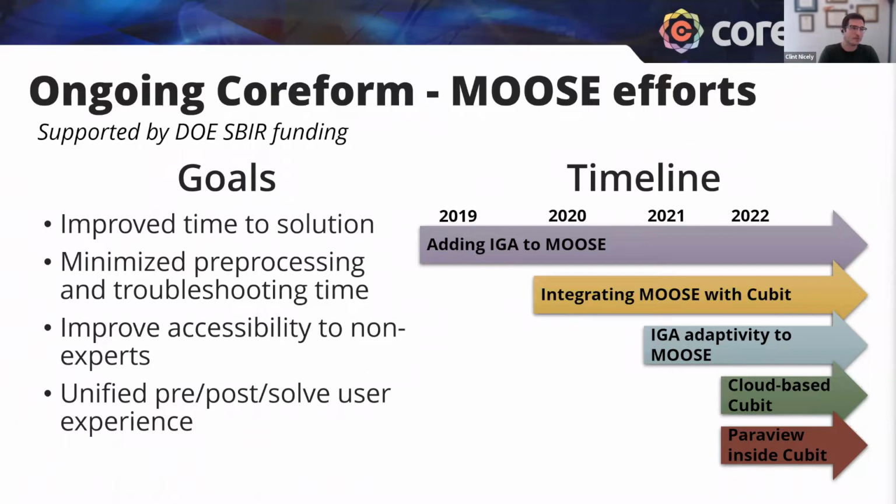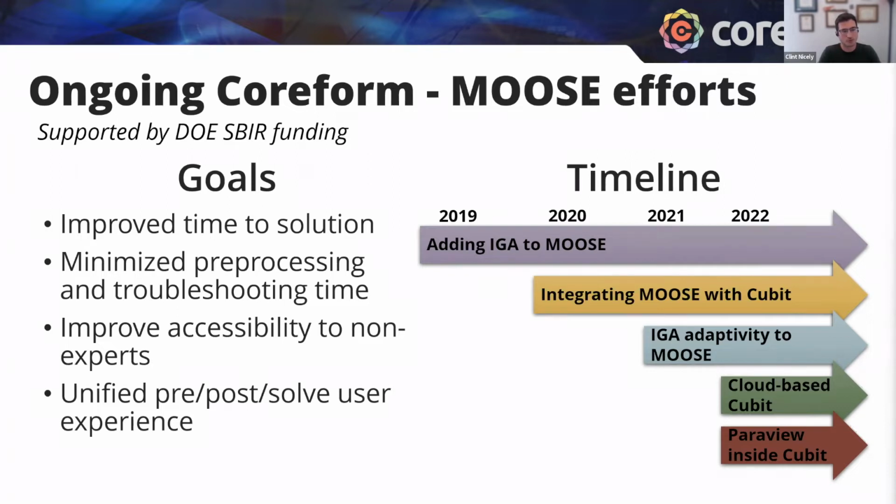So part of the goals in these capabilities that we're adding in is that we want to have improved time to solution. We want you to be able to prepare, analyze, and get your results faster and more efficiently than your current workflows. We want to minimize the pre-processing time and the time that you spend troubleshooting for your Moose codes.